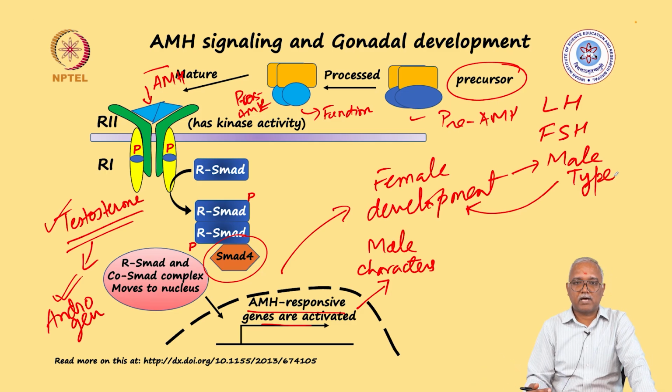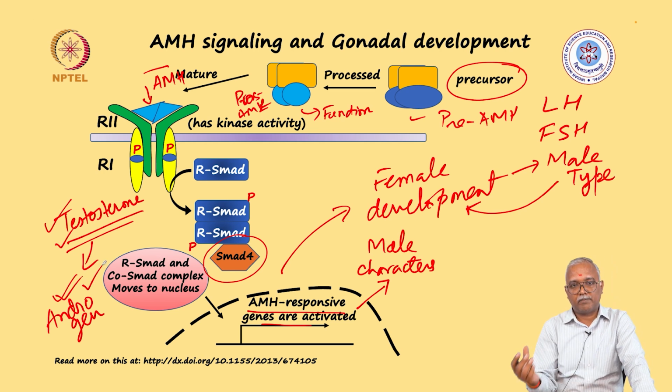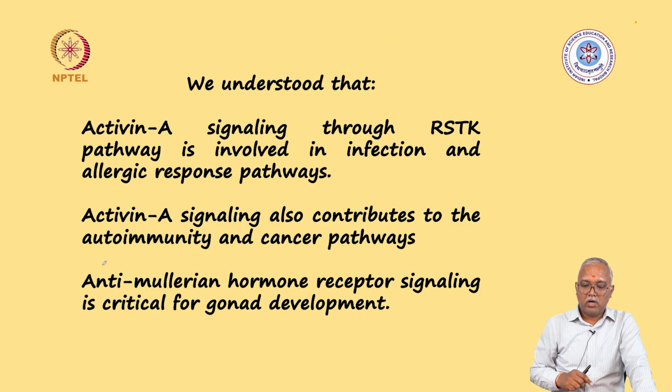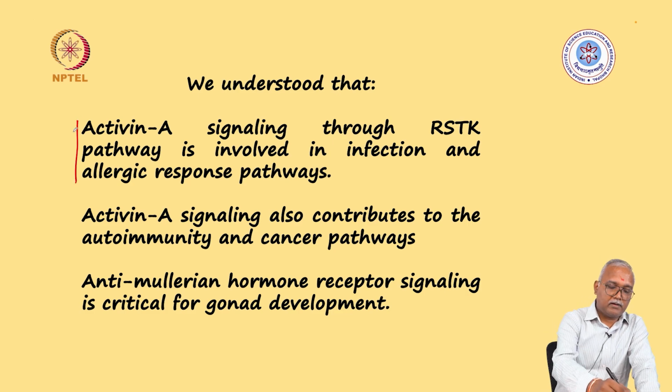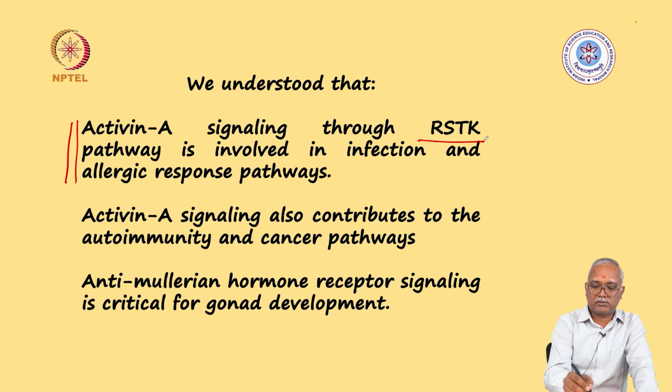And many such cases are known where whether during the fetal process the hormones were not balanced, or during the puberty the hormones did not come in right quantities, and there were defects in the gonadal development and the signaling process. So what we understood in this class today, that a particular ligand which is activin, which works through the activin receptor, which has multiple role via its signaling activation through this RSTK.